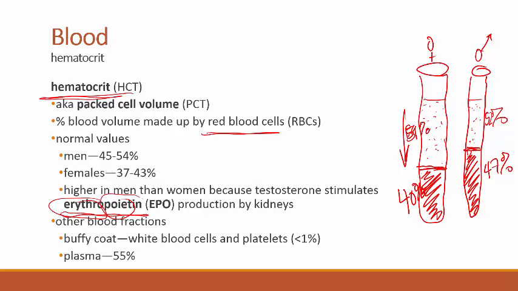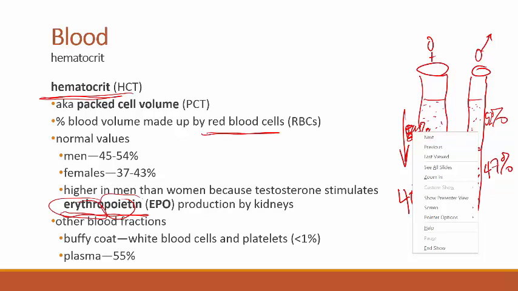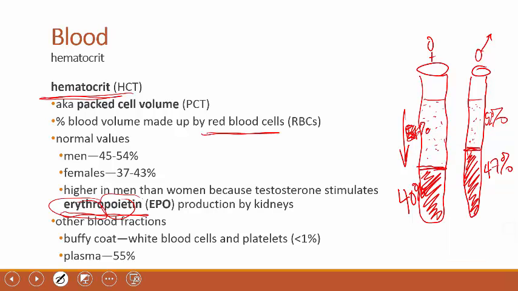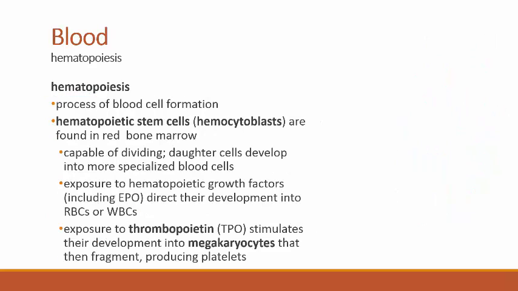Let's try that again. 59% of blood volume is going to be blood plasma. So there we are looking at the hematocrit, a way of describing the blood.